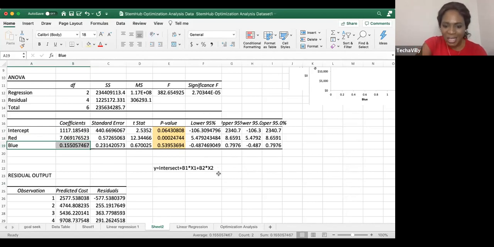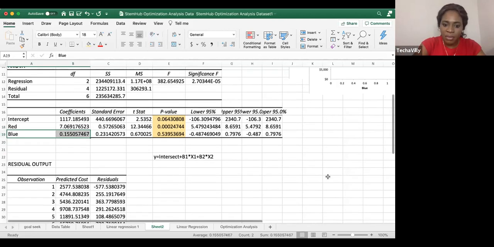So the X2 represents the 10,000 blue bikes, and the X1 represents the 3,000 red bikes. The B1 is the result of that regression analysis based on the data that we use. And the second one is the other output from the regression analysis based on the numbers that we use.